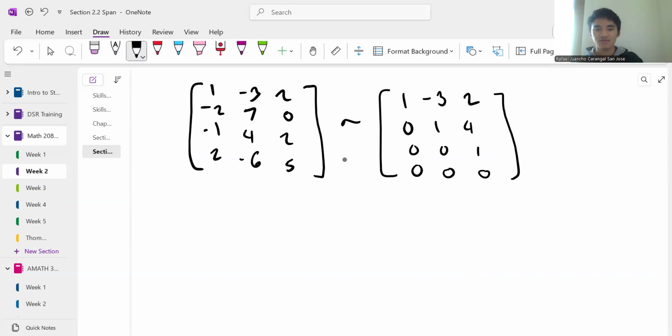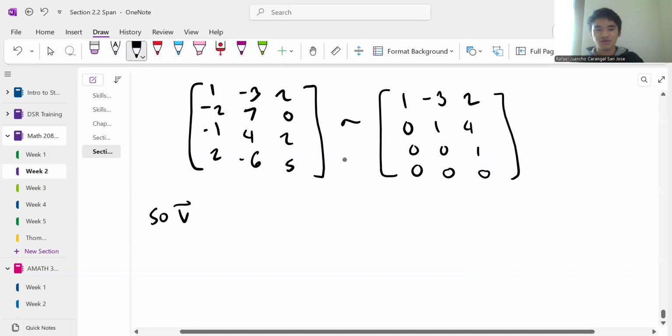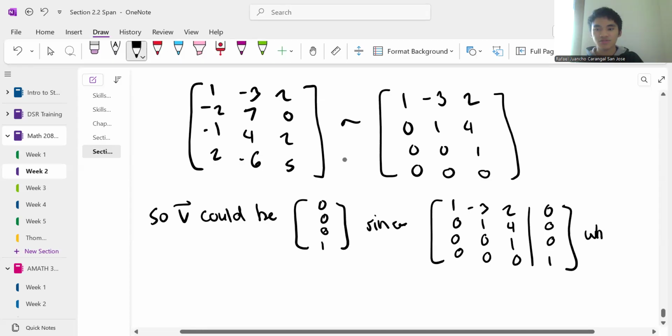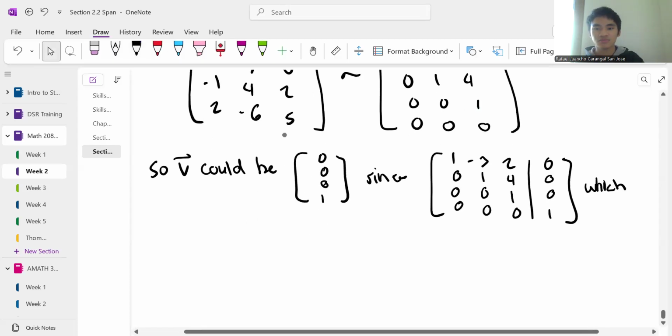Great. How do we find a vector that doesn't equal this? Well, V could be 0, 0, 0, 1, since it would look like this: 1, 0, 0, 2, 4, 1, 0. Then we do 0, 0, 0, 1, which has no solutions.